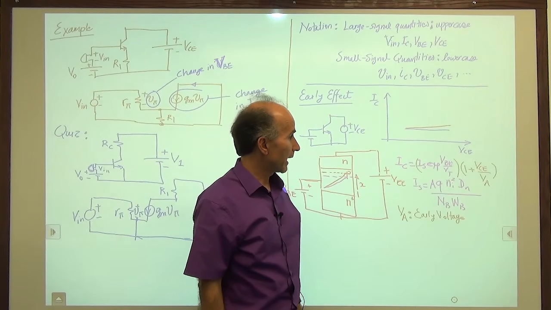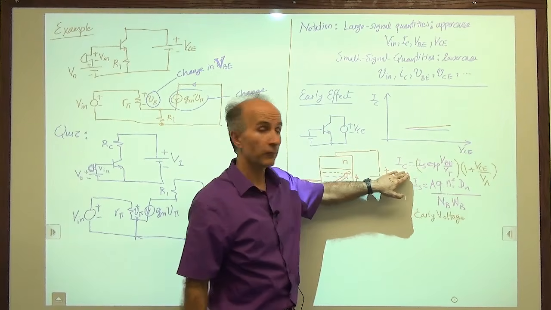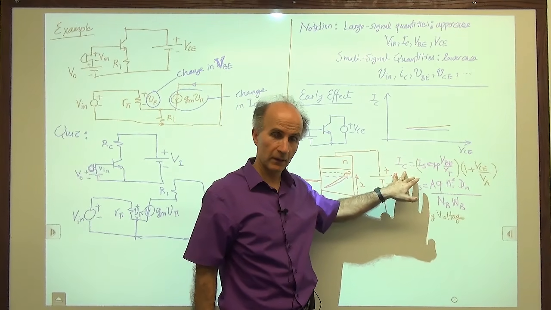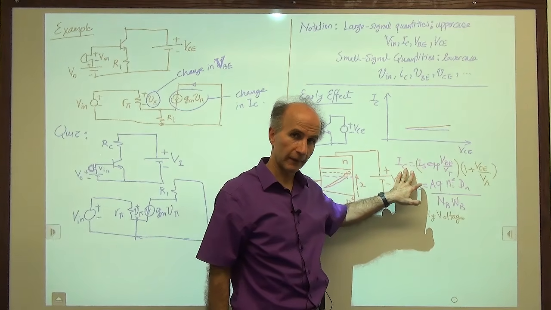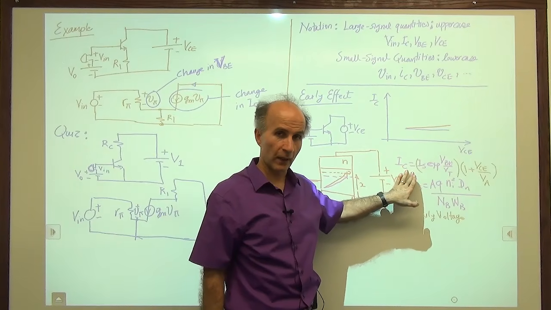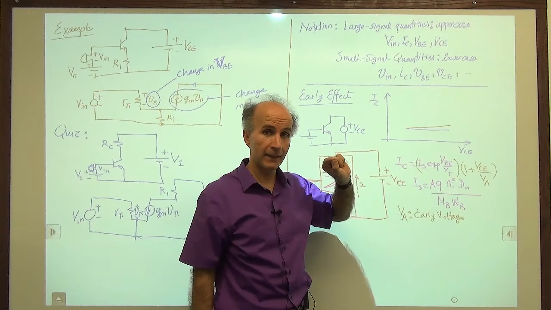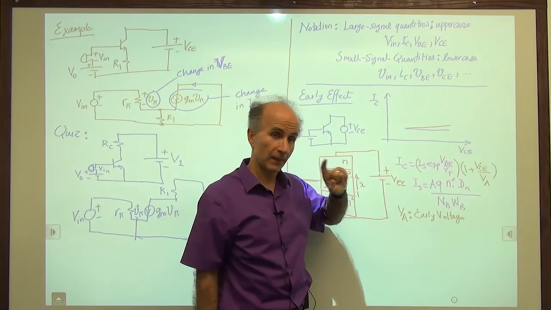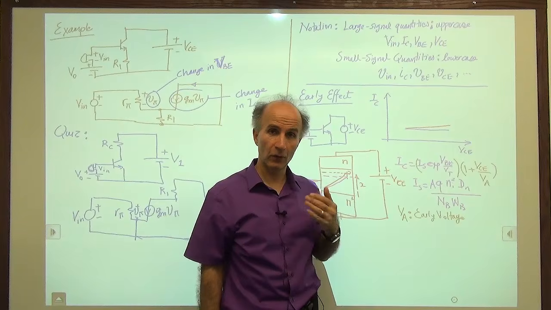All right, now if we have an equation like this for the collector current, what happens to our small signal model? We have to go back and revisit that. In our small signal model, we said GM is equal to IC over VT. Is it still true? We said r pi is equal to beta over GM.